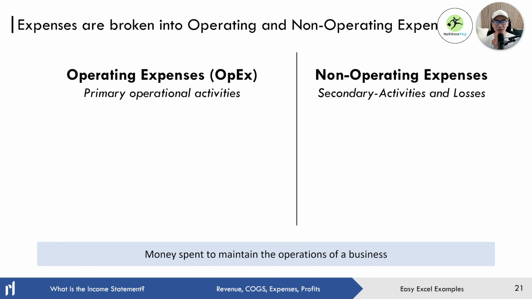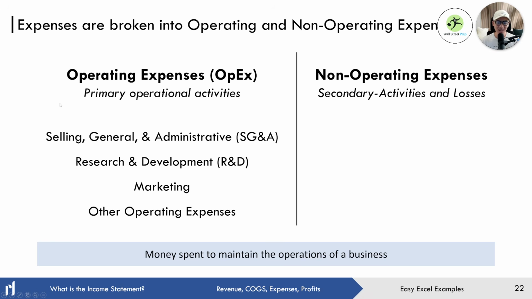So after our COGS, we get our operating and non-operating expenses. And these are expenses that are used to maintain the operations of a business. Again, similar to revenue, your operating expenses are going to be the bulk of your expenses. And these include things like your selling, general and administrative, research and development, marketing, and other operating expenses.